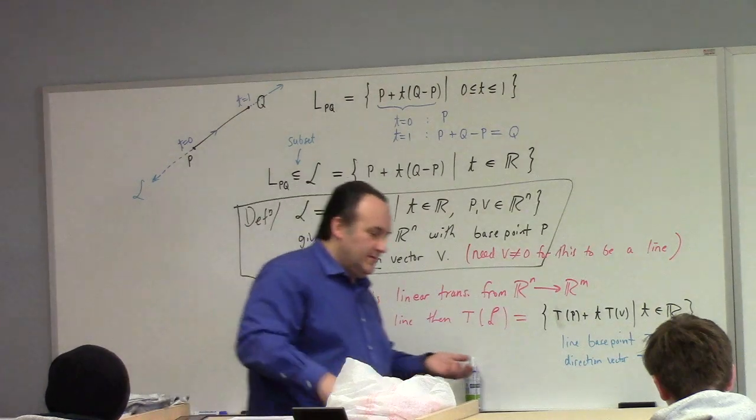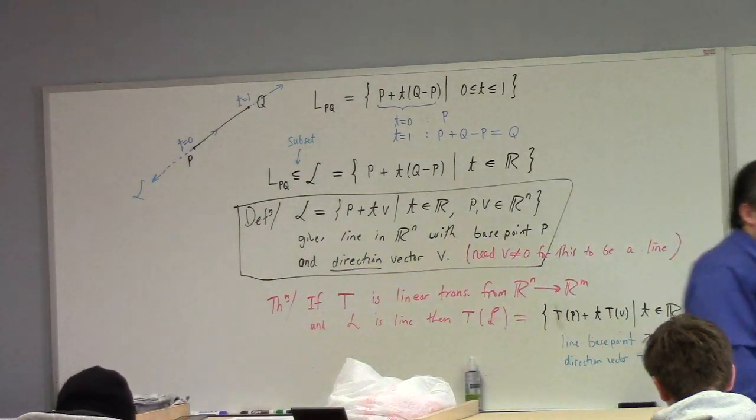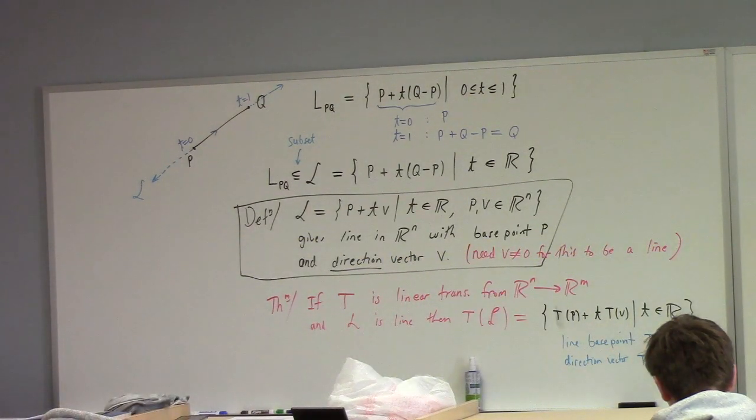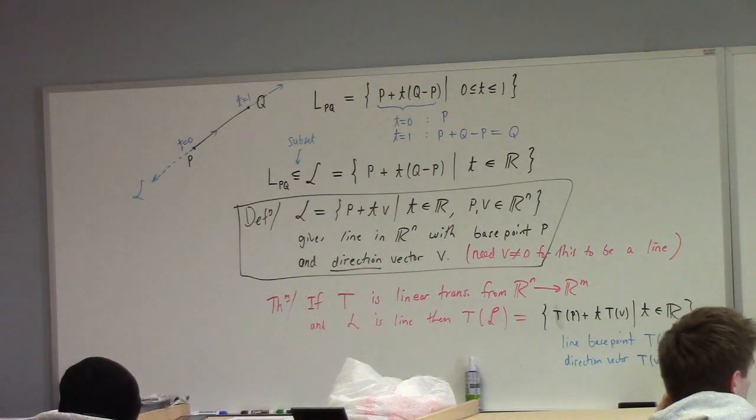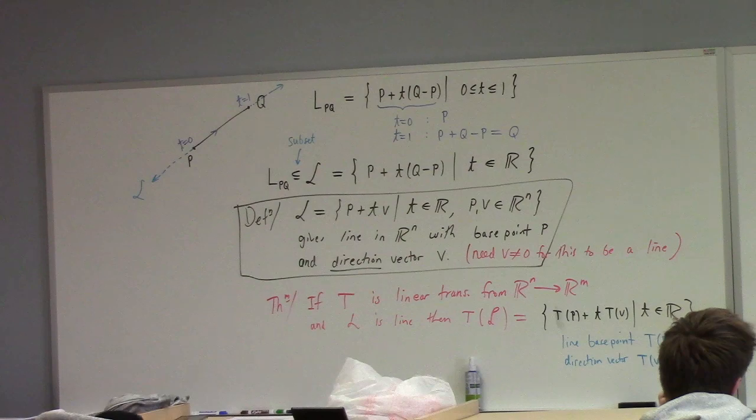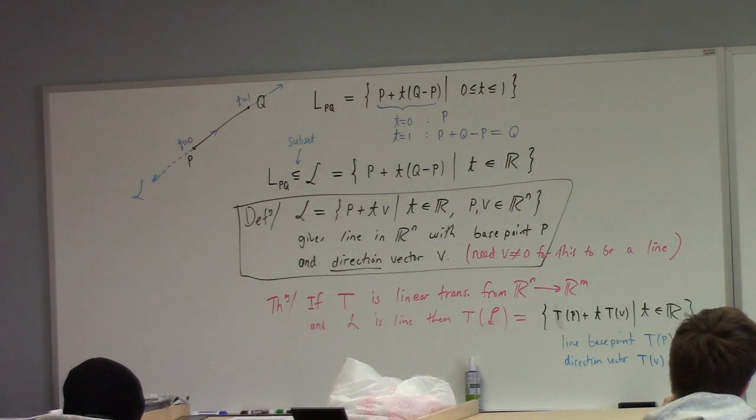The reason I say maybe is because we don't know, in general, whether or not T of V is going to be not zero. If T of V is non-zero, it's a line, but if T of V is 0, not a line. It could possibly squish a line to a point. This could happen.